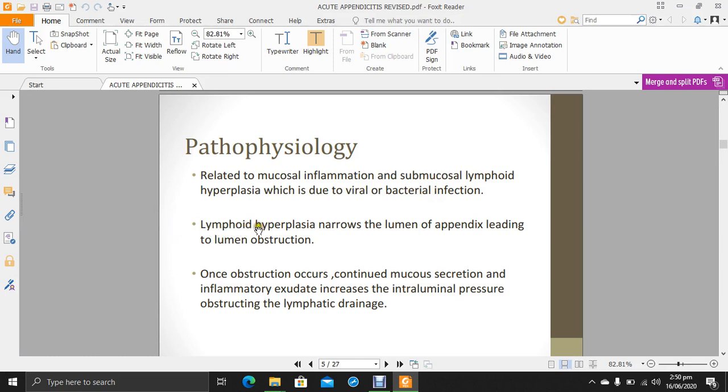Lymphoid hyperplasia leads to narrowing of the lumen of the appendix and ultimately obstruction. Once the obstruction occurs, continuous mucus secretion and inflammatory exudate increase the intraluminal pressure, obstructing the lymphatic drainage.